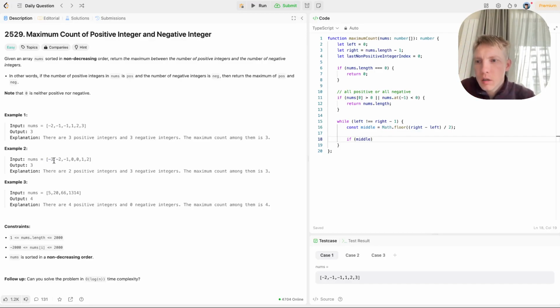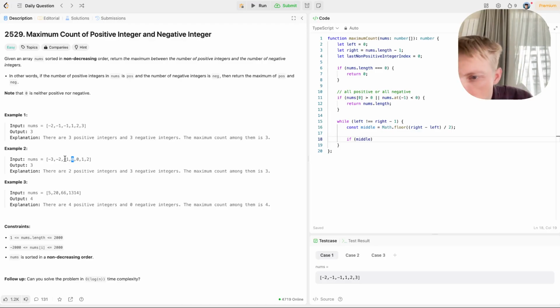Middle would be 6 minus 0 is 6, divided by 2, 3. So this number at index 3. How can we say should we move right or left?